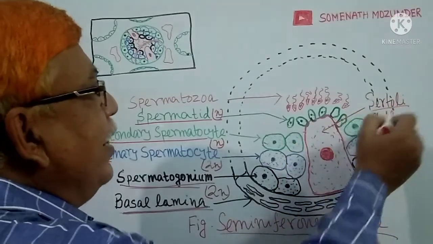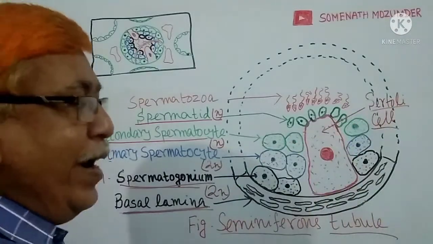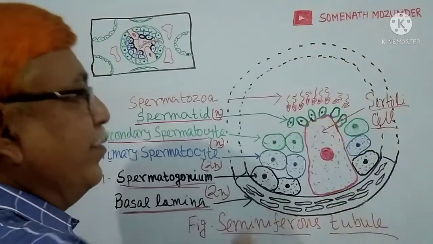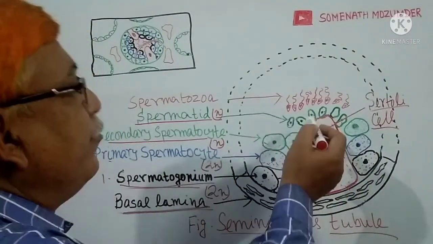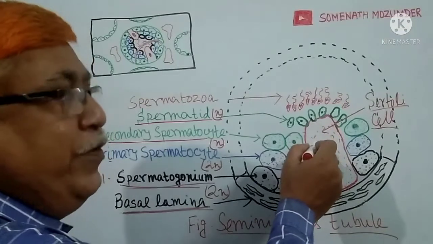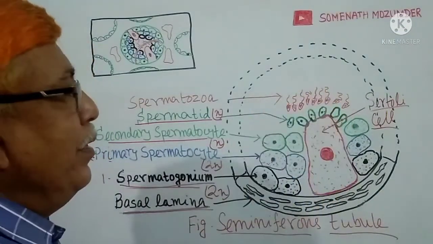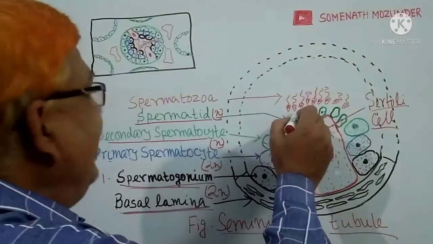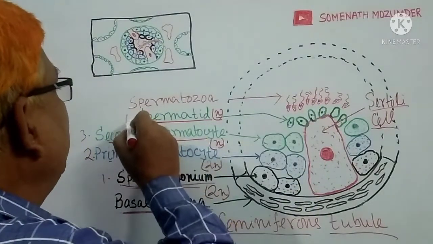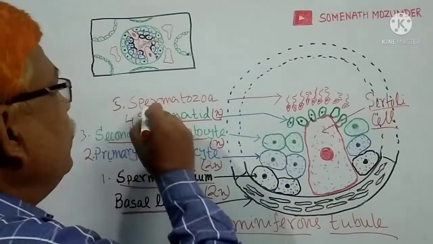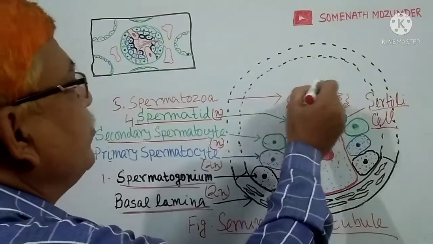This is a Sertoli cell. Finally, spermatids are released from the Sertoli cell into the lumen, and then they are called spermatozoa or sperms.